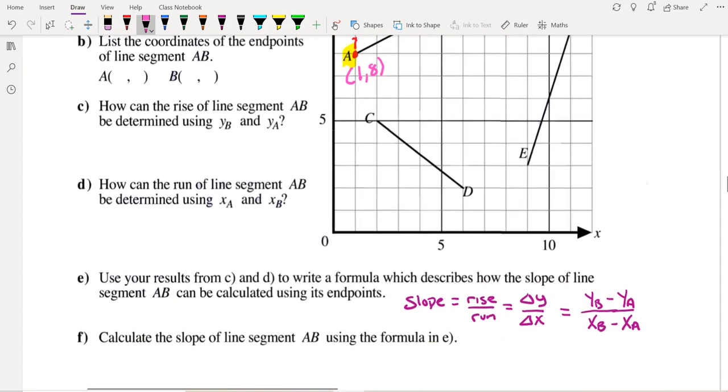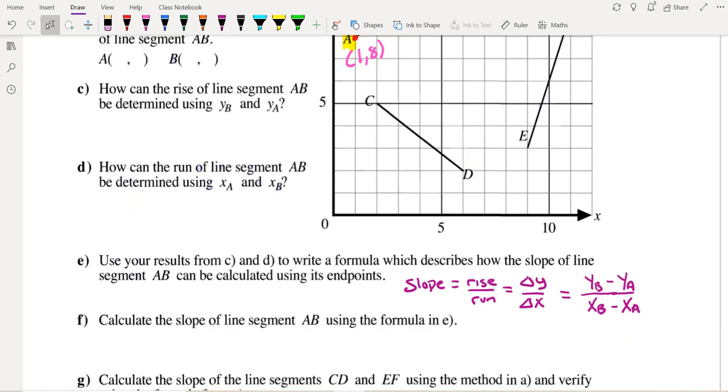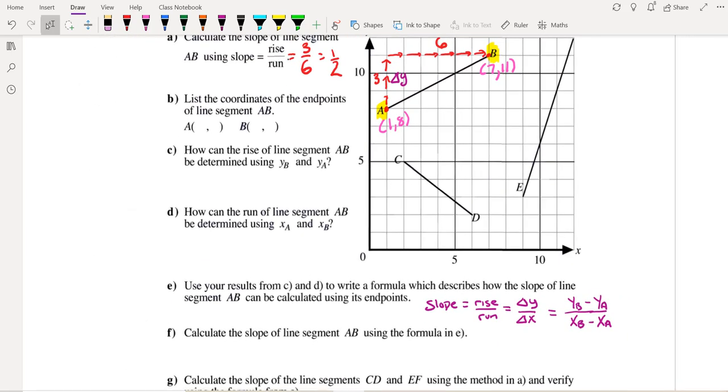So to calculate the slope of the line AB by using the formula, it will be our yB minus our yA divided by our xB minus our xA.